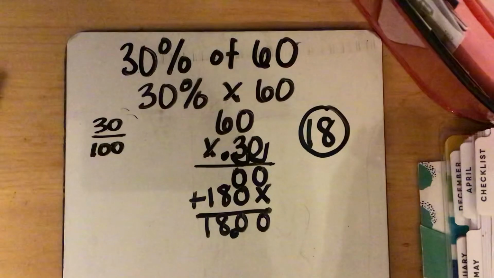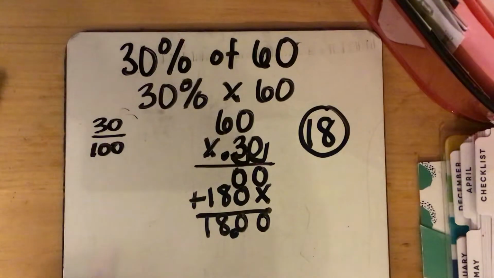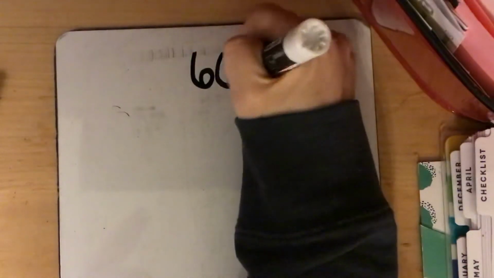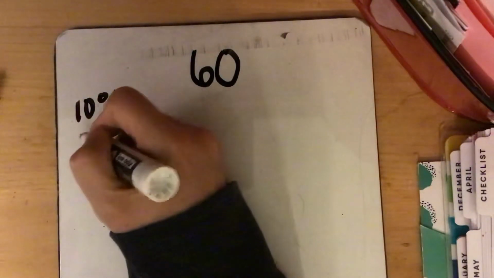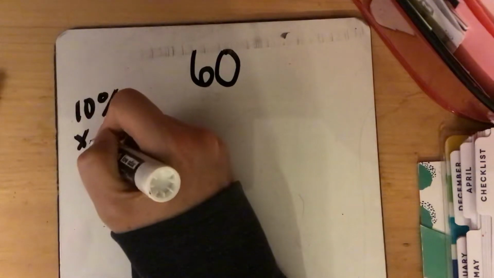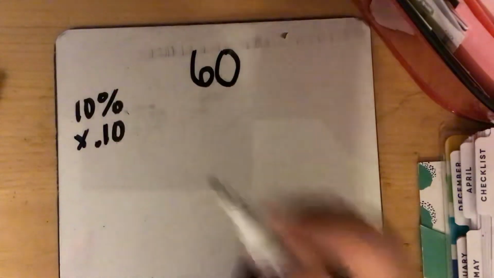Now here's a way that you could do it mentally in your head. And I think doing percentage like this is really good for one day when you're calculating tips. If I take 60 and 10%, that is the same thing as multiplying it by 0.10.